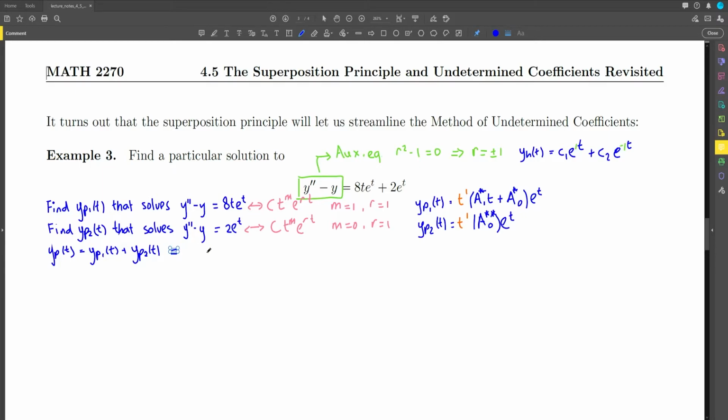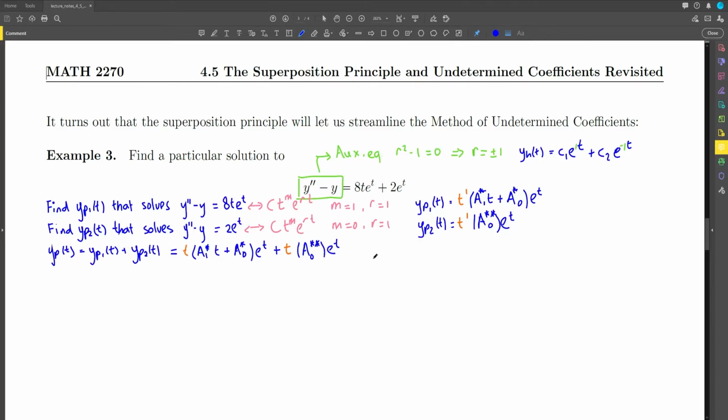So yp of t is equal to t times a1 asterisk t plus a naught asterisk times e to the power t, and then plus the second particular solution, that's t times a naught double asterisk times e to the power t.